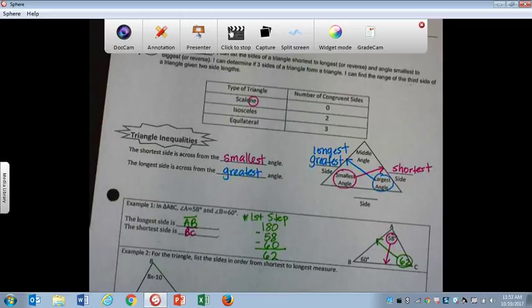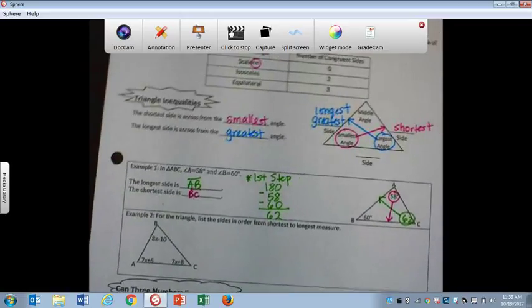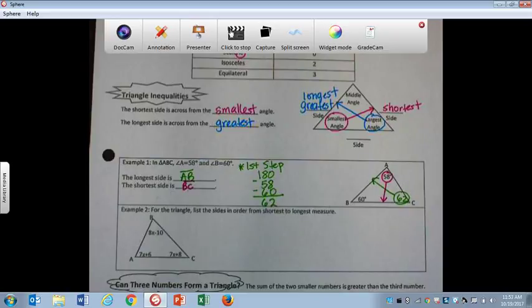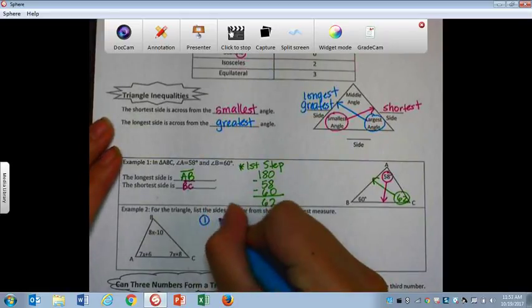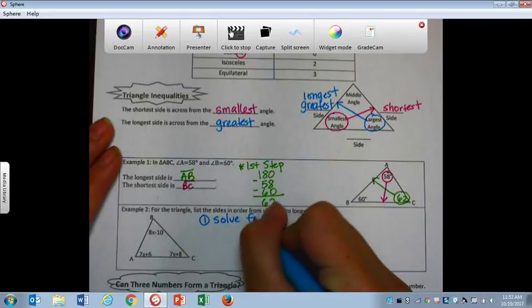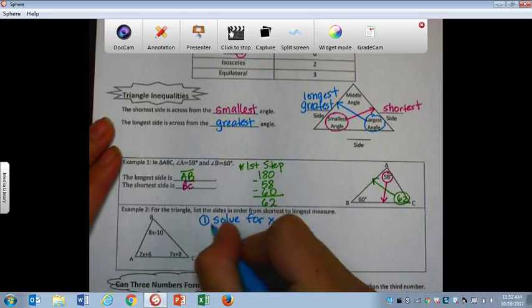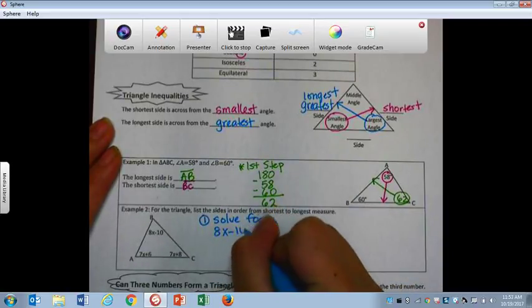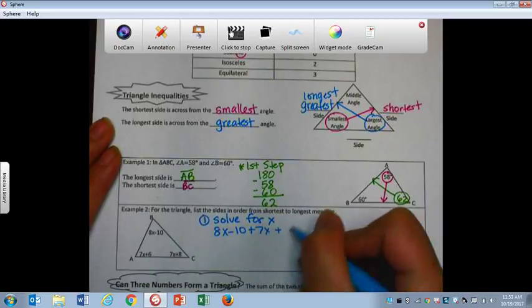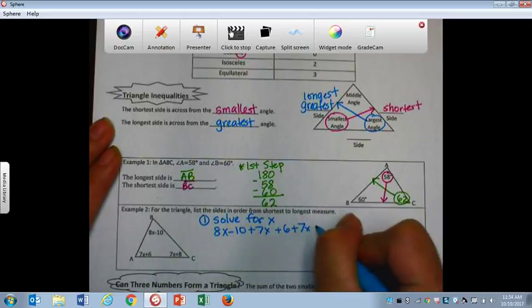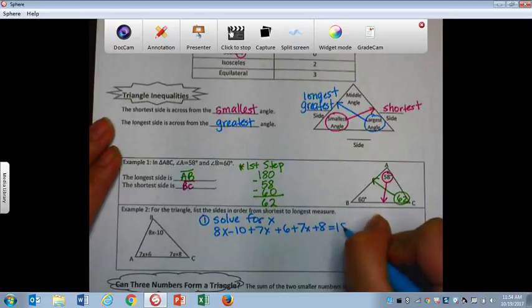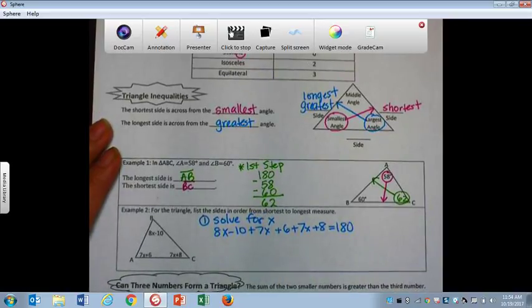Pretty simple. Now, when it comes to a more complicated question like this, obviously you have to set up an equation to figure out what x is. So step 1, solve for x. We're going to create that equation: 8x minus 10 plus 7x plus 6 plus 7x plus 8. You know this equals 180.